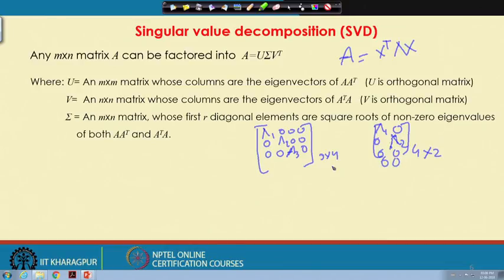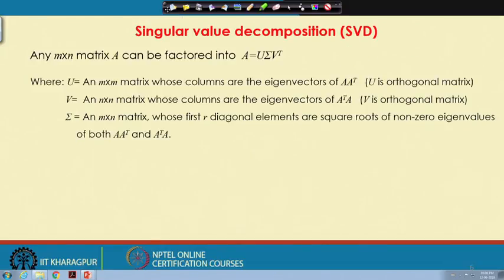Only these two rows will have non-zero diagonal terms. And these are diagonal elements which are the square roots of non-zero eigenvalues of A A transpose and A transpose A.